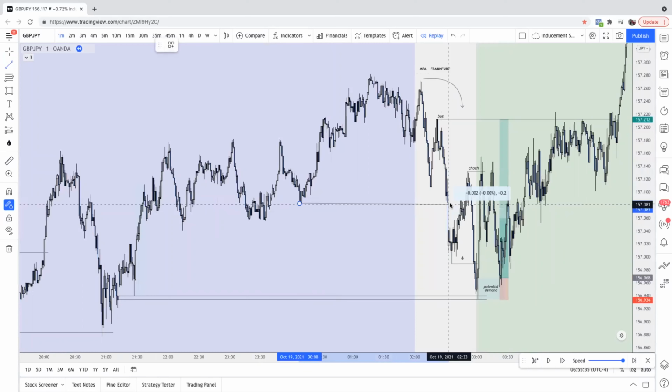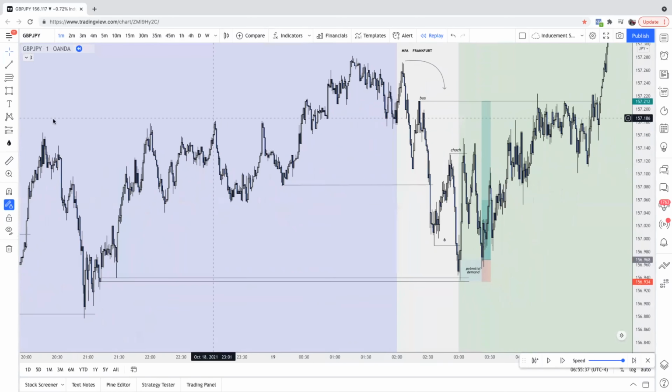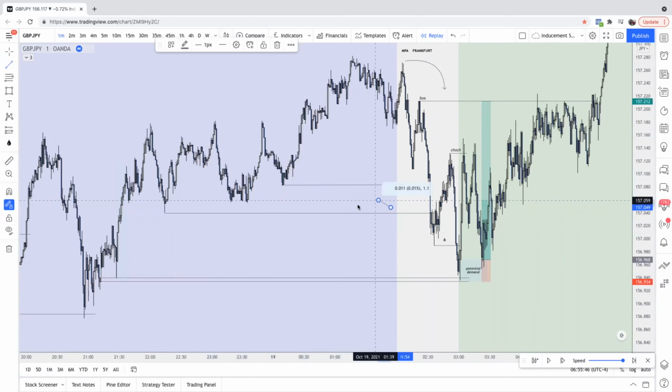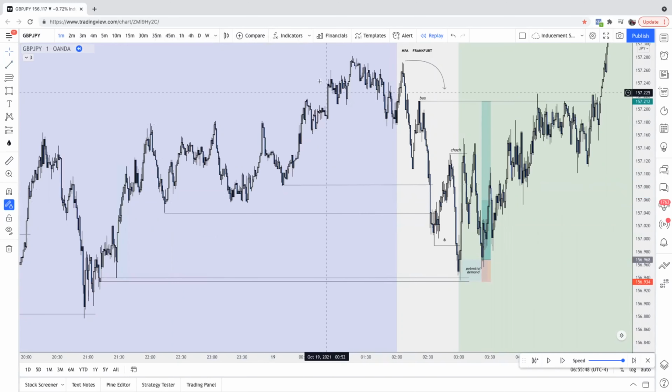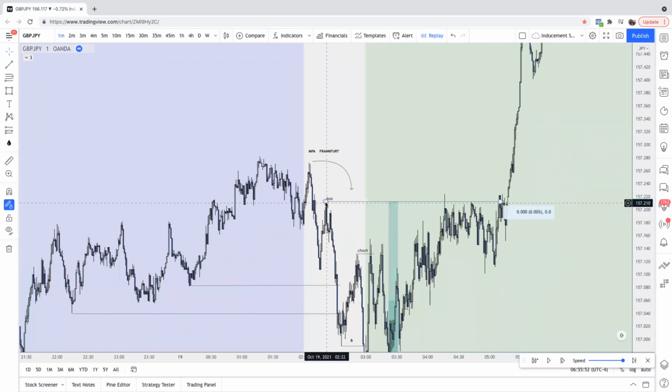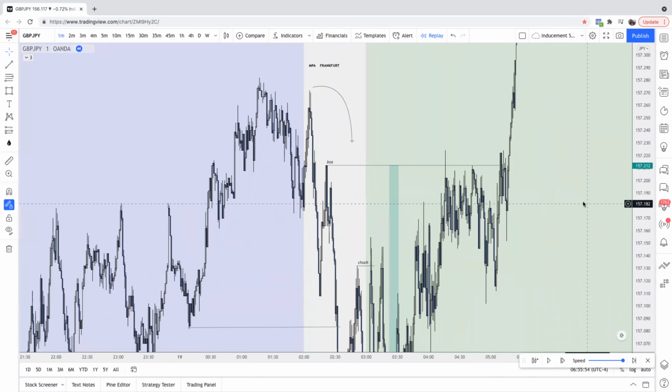You got scalp breaker structures to the downside. So from a retail seller's perspective, you got your resistance, scalp breaker structures. They're sellers here.